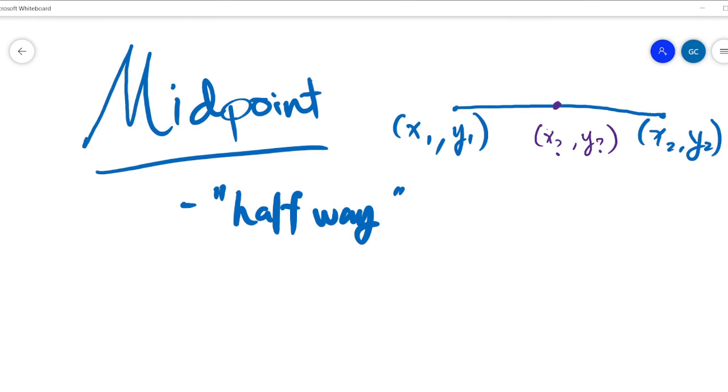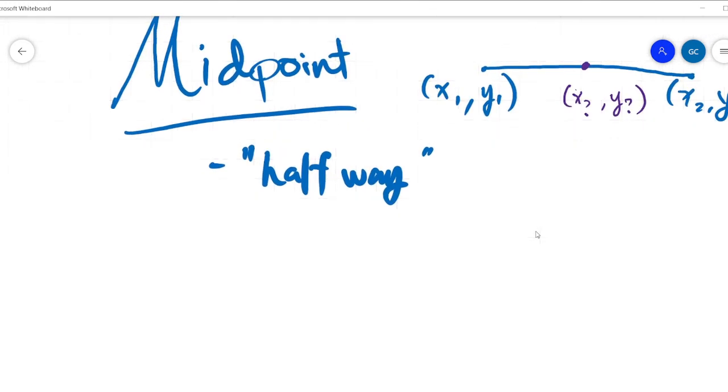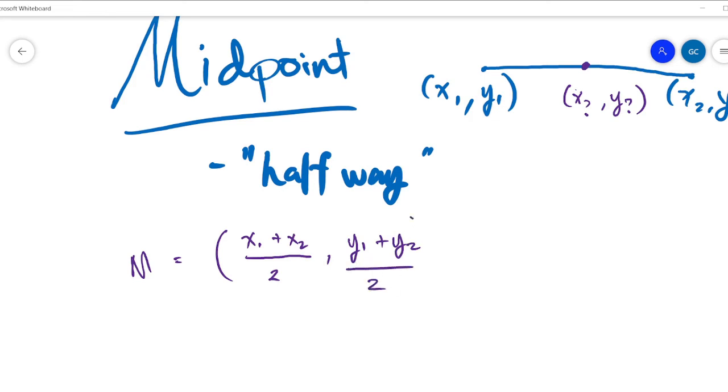For example, the midpoint, which is M, is equal to an ordered pair: the sum of x1 plus x2 divided by 2, and the sum of y1 plus y2 divided by 2.